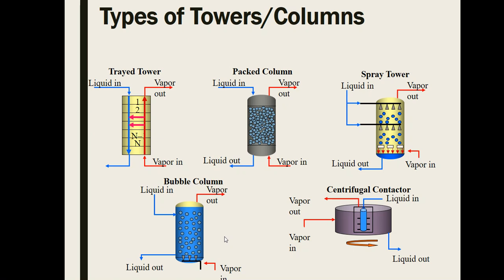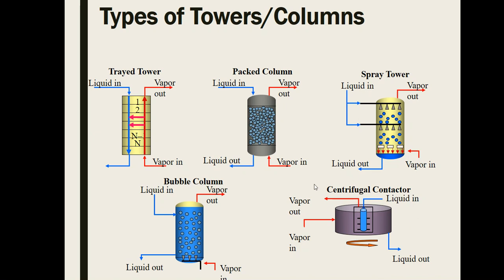An uncommon type of tower, or shall I say separator, for gas absorption is the centrifugal contactor. The vapor is still introduced at the bottom part and the liquid is introduced on top through a central tube. But aside from this contacting, which is countercurrent, it is to be noted that the contact here uses the concept of the centrifugal force.